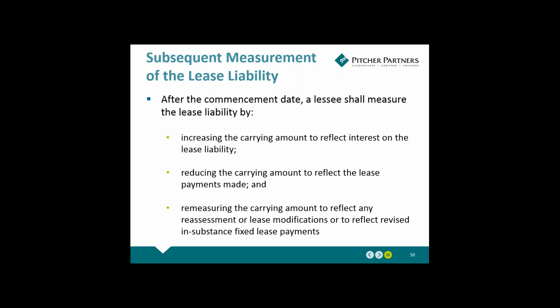I think what is important to remember here is that this lease liability, although it is a financial liability, is not within the scope of the new AASB 9 financial instruments. It's specifically within the scope of the new IFRS 16, and therefore you measure it in terms of the rules in IFRS 16.